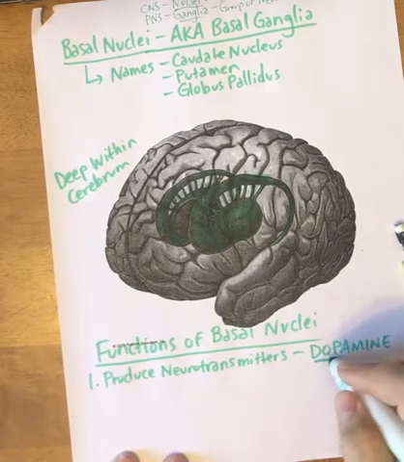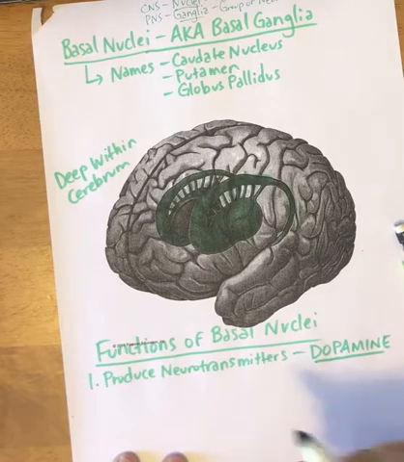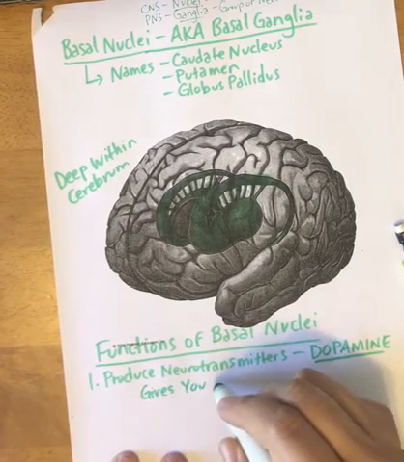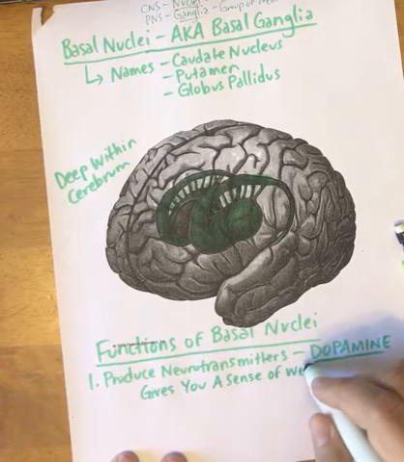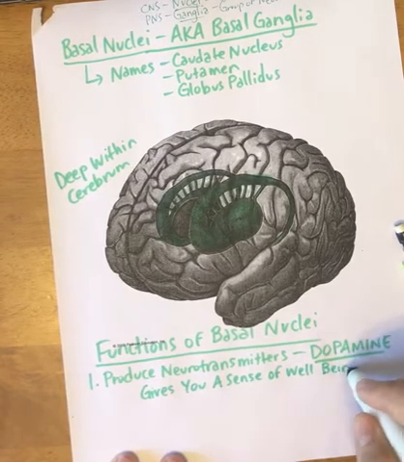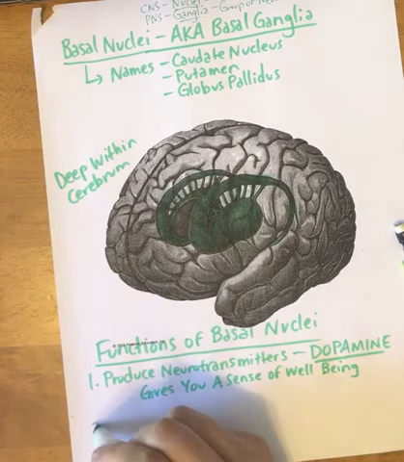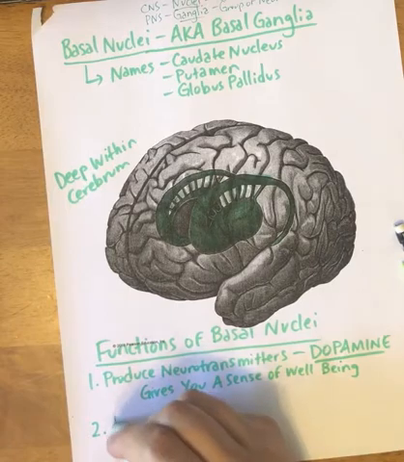Dopamine is the most important neurotransmitter because it gives you a sense of well-being. It makes you feel like you're healthy. That's their first function.